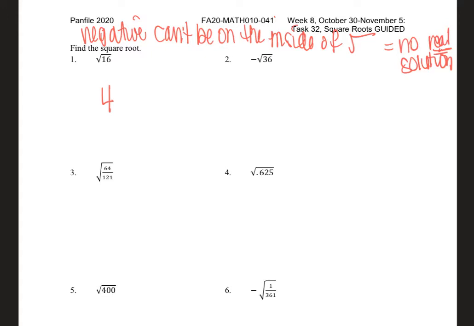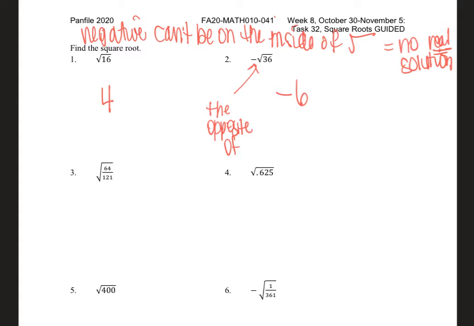But basically, think about this as the opposite of. So if I take the square root of 36, it's 6, but it's the opposite of 6, and the opposite of 6 is negative 6.